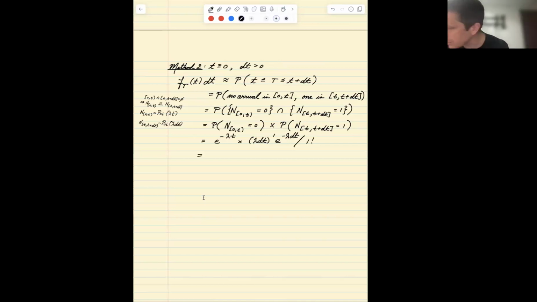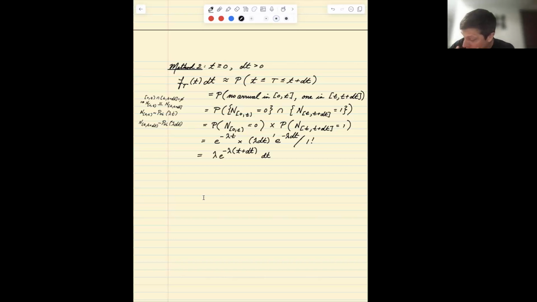Okay, so now how do we do this? Let me just clean it up. Lambda e to the minus lambda t plus dt, times dt. And the dt is taken to be extraordinarily small.